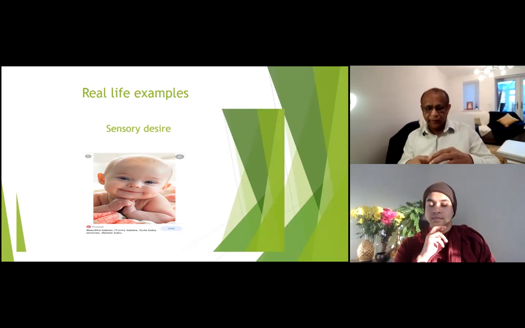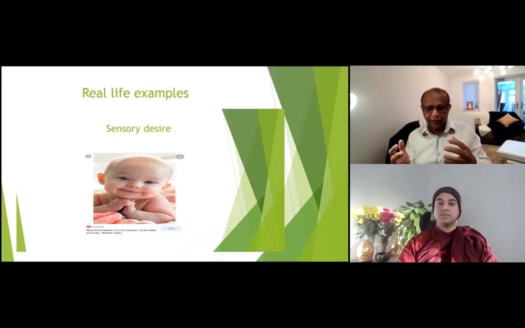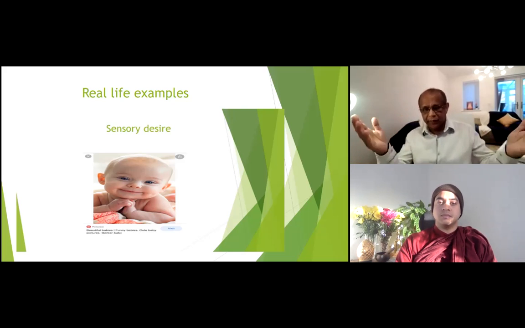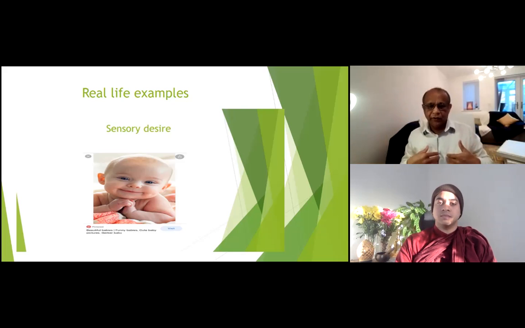So we need to understand the object itself to get the right insight. But the problem is the attachment between the object and the sensory door. Because if we had no attachment, no ill will, then the object will be there, I'll be here, no problem.